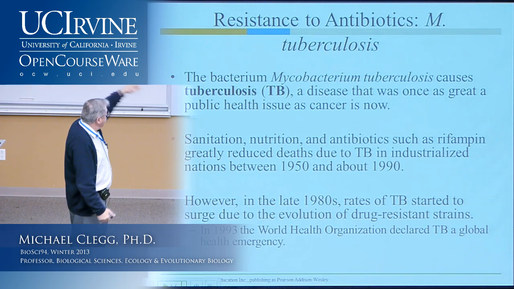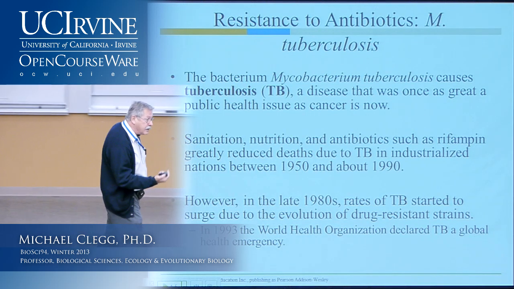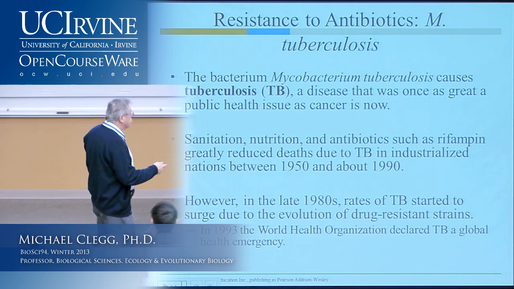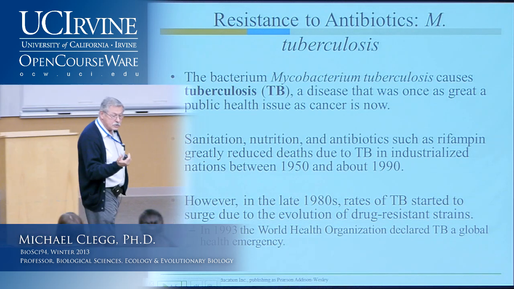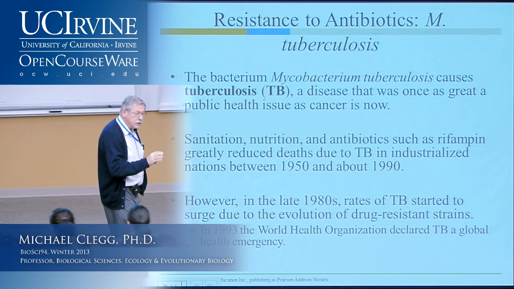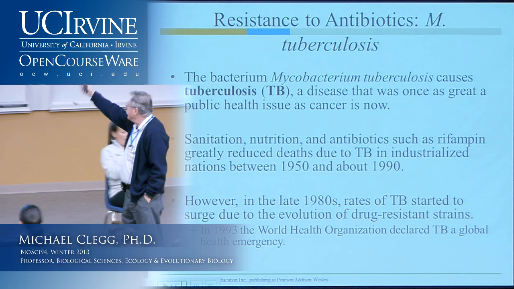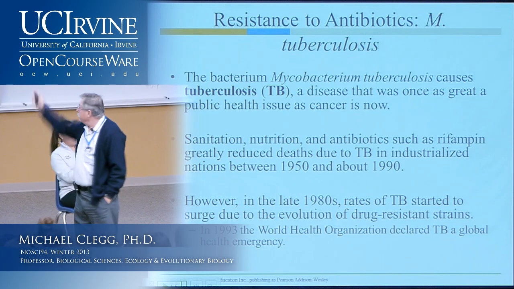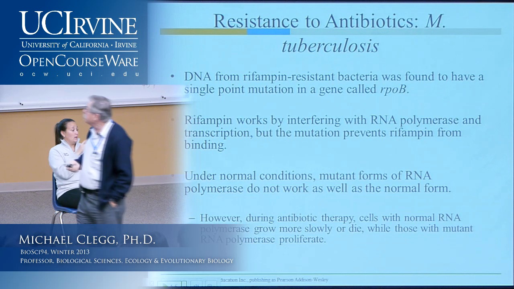And so antibiotics began to be used widely, and then beginning in the 1980s, we began to discover cases of, not surprisingly, antibiotic resistance to drugs used for tuberculosis in the human population. And by 1993, the TB became a global health emergency again.